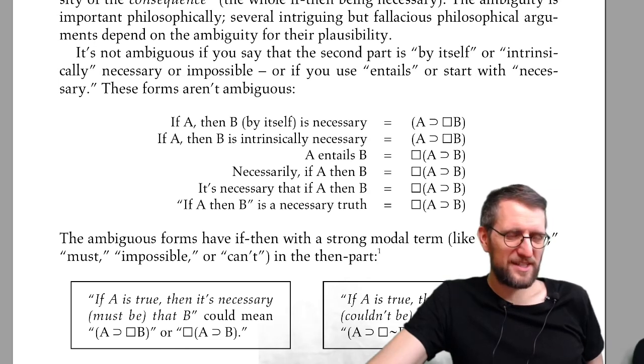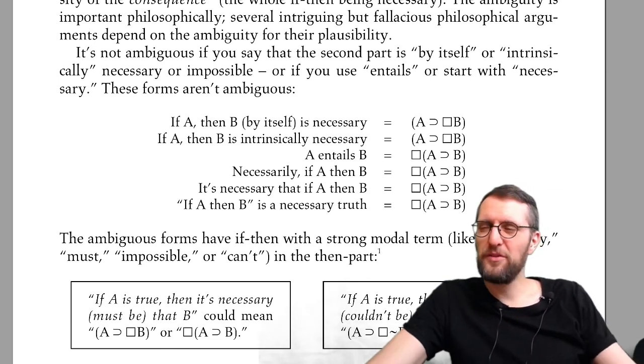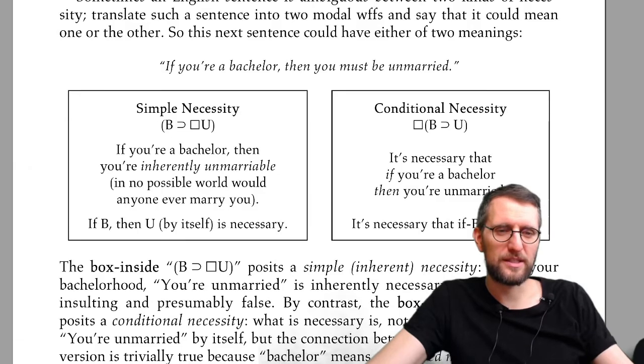I still try, I mean, I have the bachelor example in my head and it works quite well for me. So if you're a bachelor, then no one would ever marry you if you're ugly. It's like that, right? But it's not that if you're ugly, then you're unmarried, because it could be that somebody marries you.